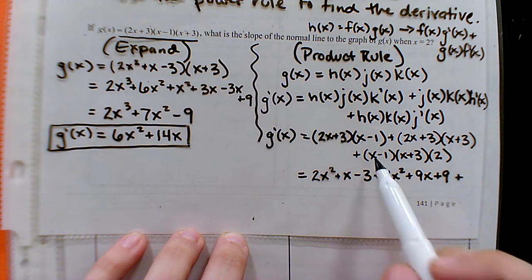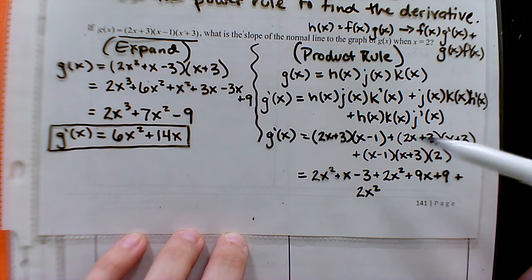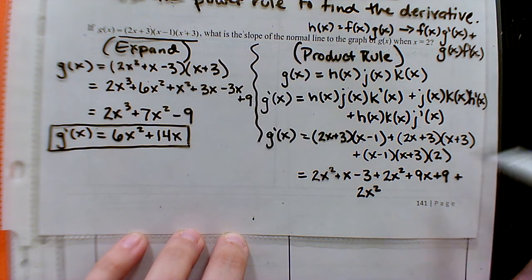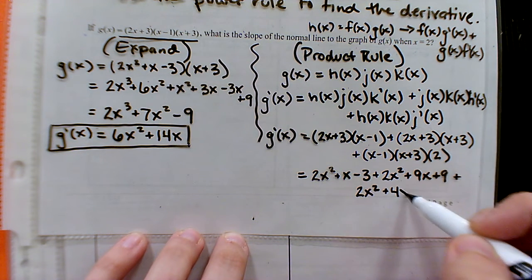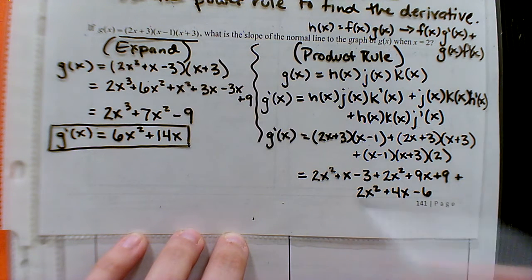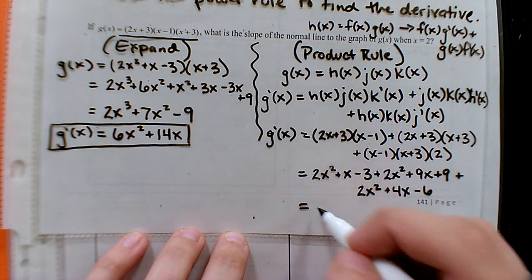We're multiplying by 2. So x times x doubled would give us x squared. 3x minus 1x would be 2x. Double that, we get 4x. And then negative 3 doubled, we'd have negative 6. All right, like terms. 2x squared, 2x squared, 2x squared.